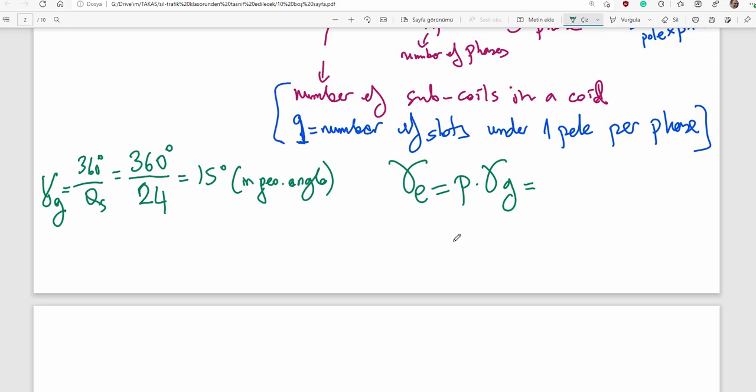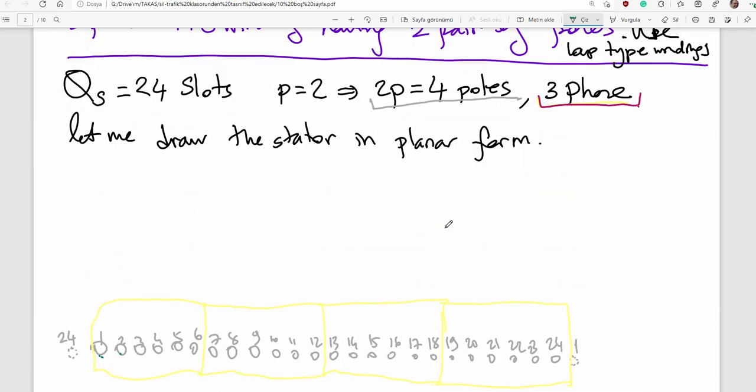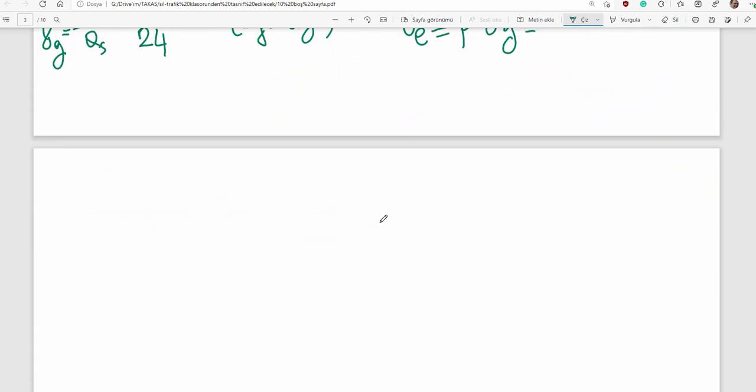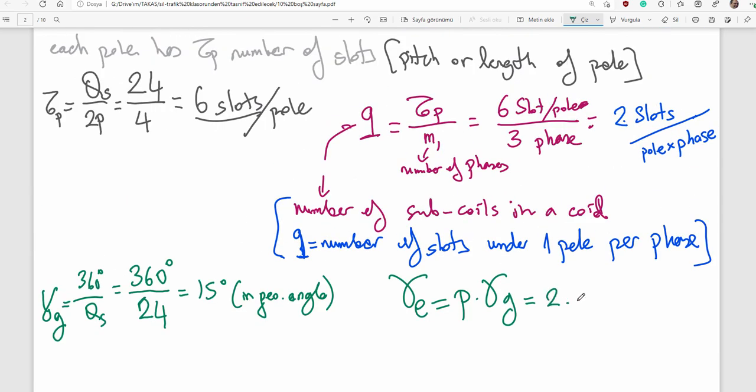The machine has 4 poles. Here in the example it is given 4 poles or 2 pairs of poles. So 2 times 15 makes 30 degrees electrical displacement or phase difference between adjacent EMFs.